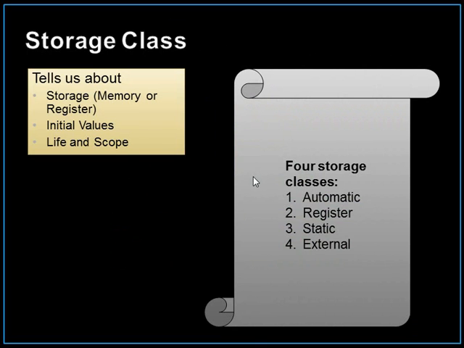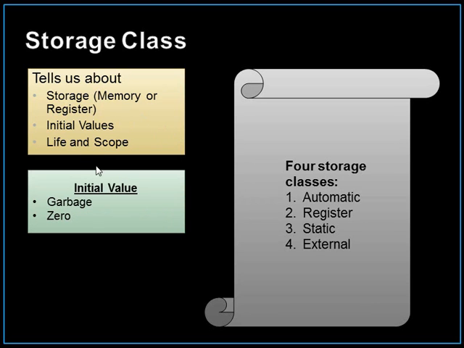Now why do we need storage classes? They tell us about the storage, right? We looked at the storage in the earlier slide, memory or register, where to store the data of that variable. They tell us about the initial values, when you declare a variable, what value it will contain. Storage classes tell us the initial values, the life and scope. Now initial value is nothing but the value which is first contained in a variable when it is declared.